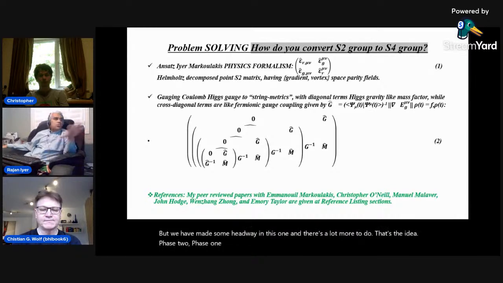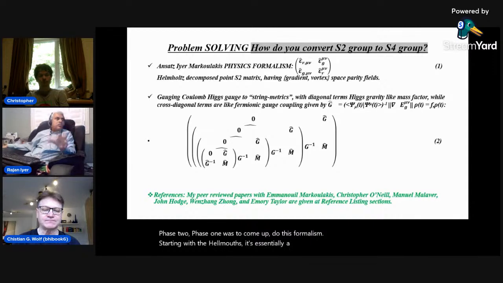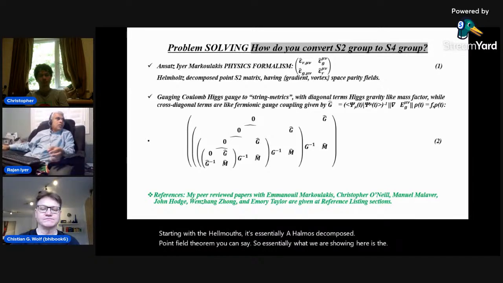Phase 1 was to come up with this formalism, starting with the Helmholtz decomposition. It's essentially a Helmholtz decomposed point field theorem, you can say. What we are showing here is the rotational field. Any field, especially point field, we convert into a rotational field, like a vortex field, and a gradient field.